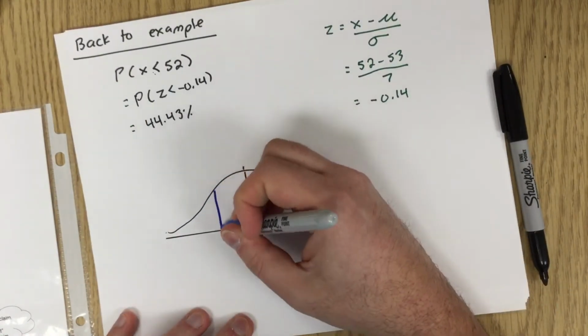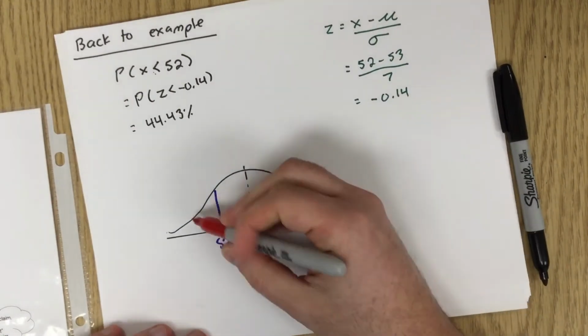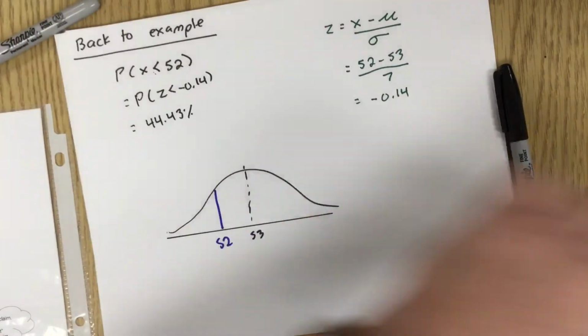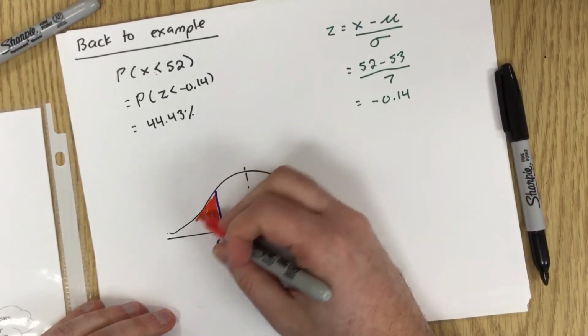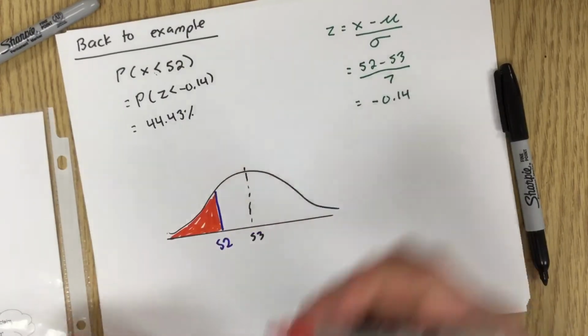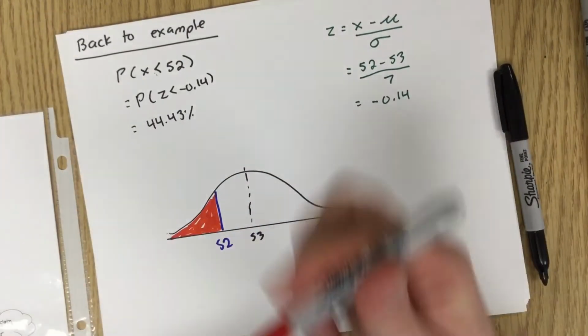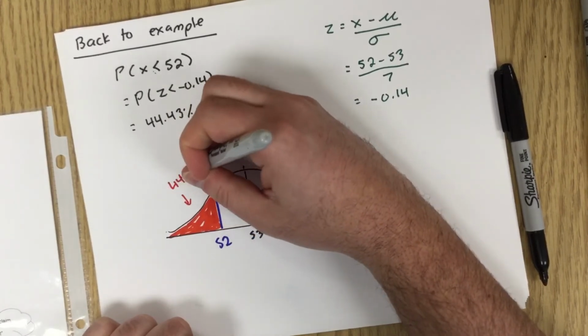Our experiment said we got 52. And the probability of it being in this zone over here is 44.43%.